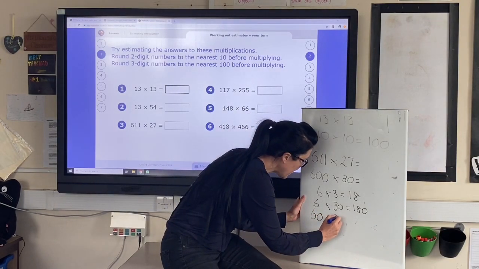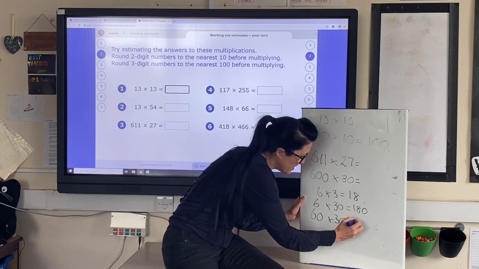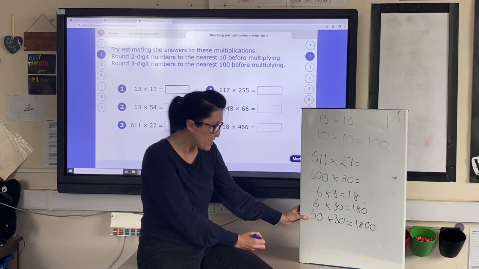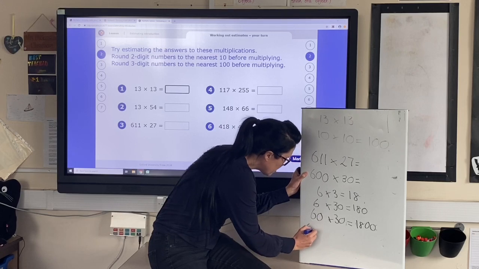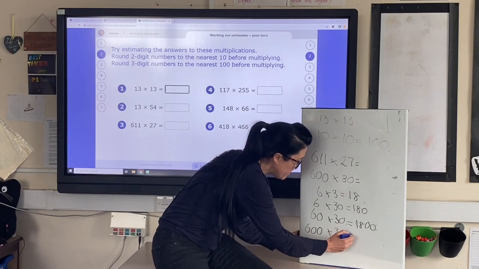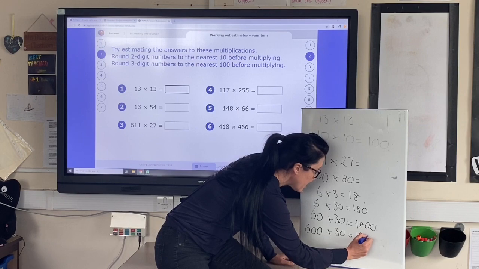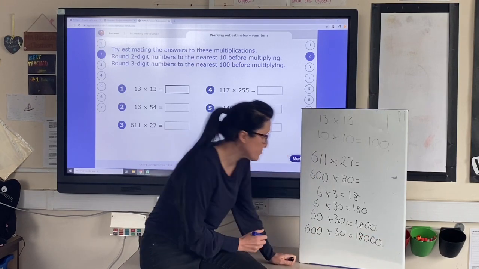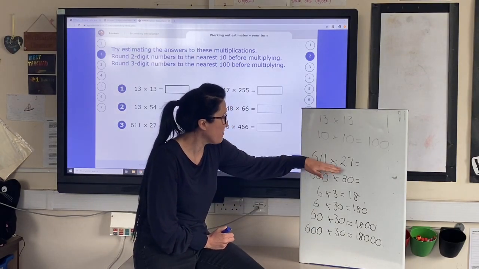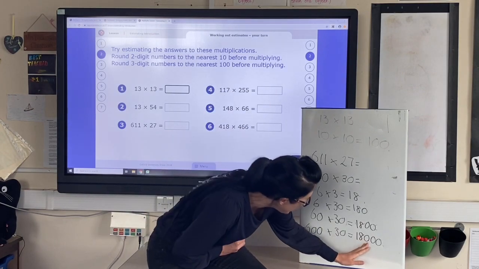So 60 times 30, well, I've gone 10 times bigger from 6 to 60, so my answer's getting 10 times bigger, which gives me 1,800. But I don't want to stop at 60, I need to go up to 600. So increase 10 times bigger, 600 times 30, make my answer 10 times bigger, 1,800 times 10 gives me 18,000. So my answer of 611 multiplied by 27 using rounding to estimate is 18,000.